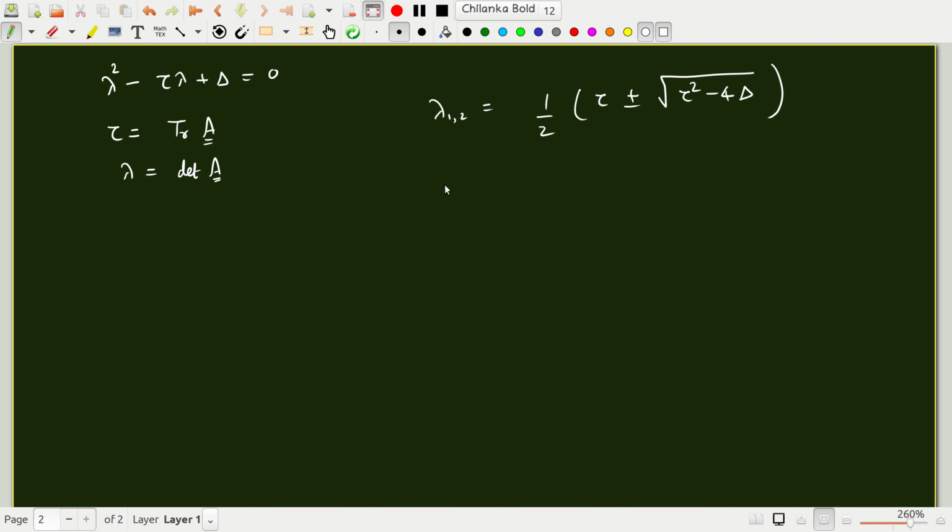And you also know that delta is given by lambda 1 lambda 2 and tau is given by lambda 1 plus lambda 2, because the trace of a matrix is also the sum of the eigenvalues.